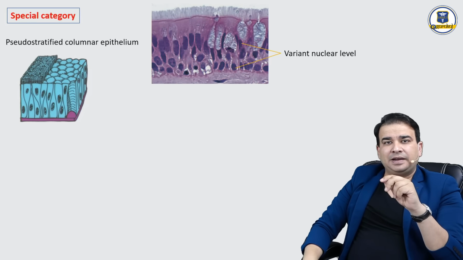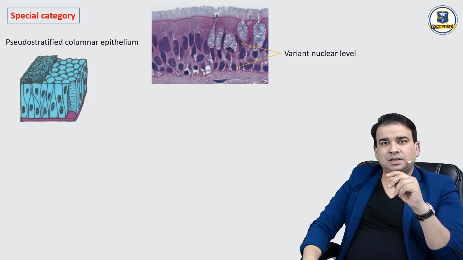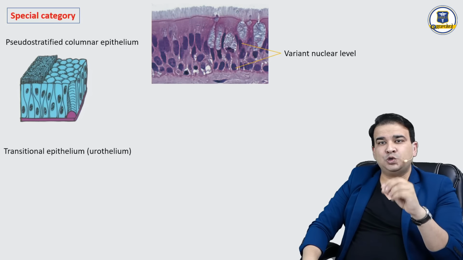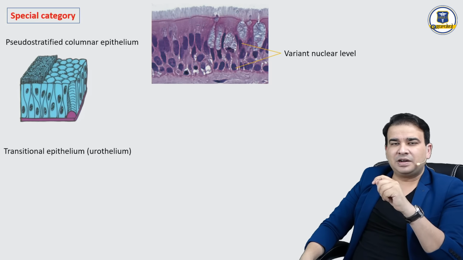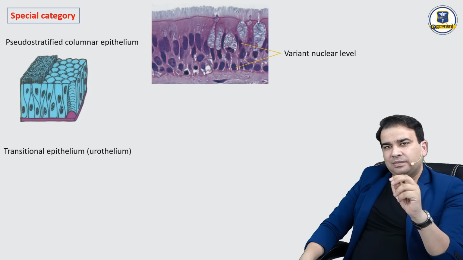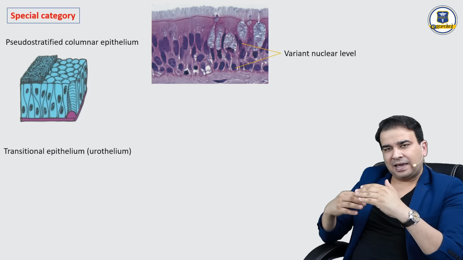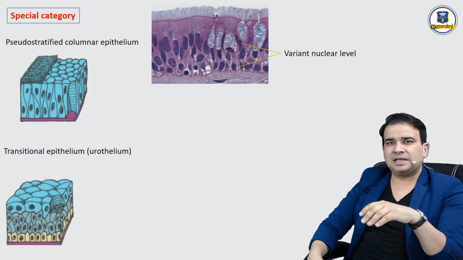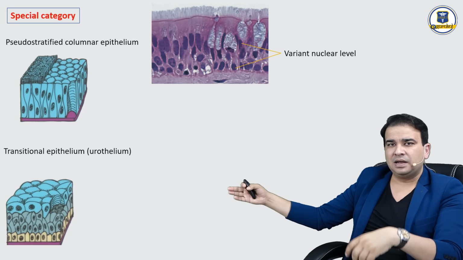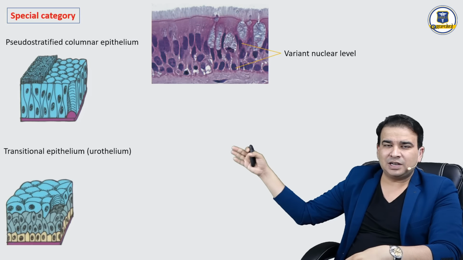Another special category is the transitional epithelium, also called urothelium. Very important, the urothelium, we will discuss it in the lower urinary tract. Now urothelium or transitional epithelium again has multiple layers, maybe starting with a basal layer of cuboidal cells, and then some polygonal cells in between. But again, when you reach the top, look at the topmost layer, guys.